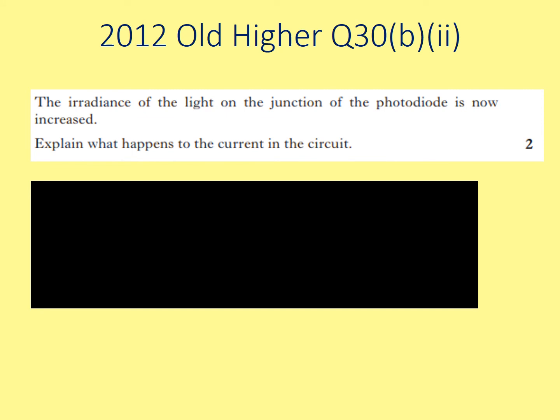2012 Old Higher Question 30b Part 2. If the irradiance of the light on the junction of the photodiode is now increased, explain what happens to the current in the circuit. So when we say the irradiance increases, what we mean is that we have more photons per second incident onto the photodiode. More photons per second means more electrons, because one photon goes in, one electron makes a transition.